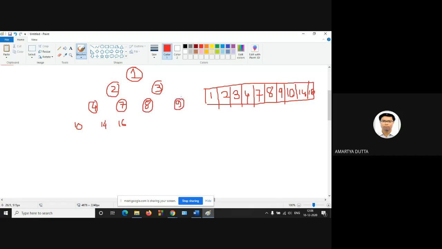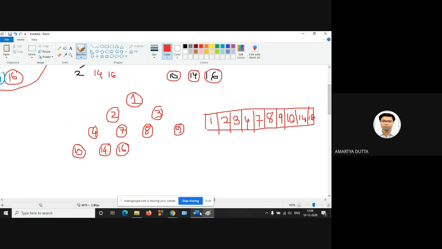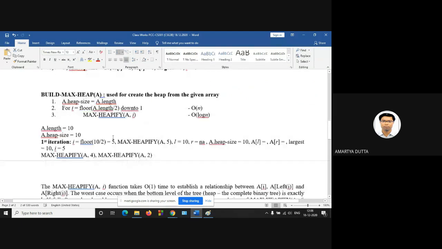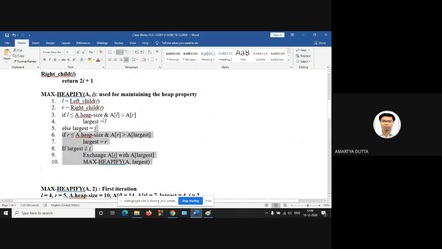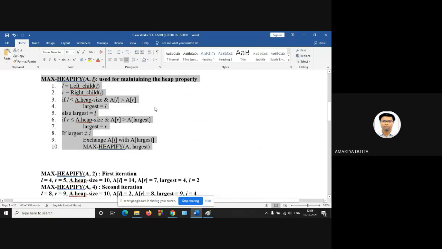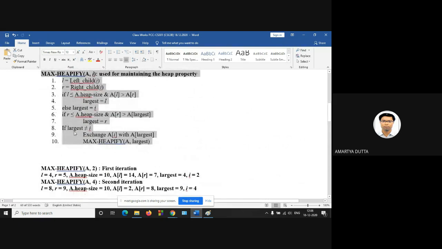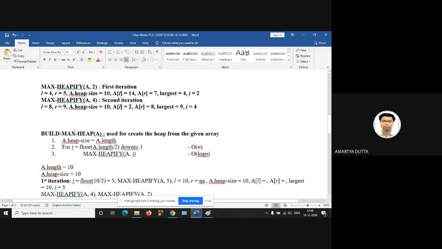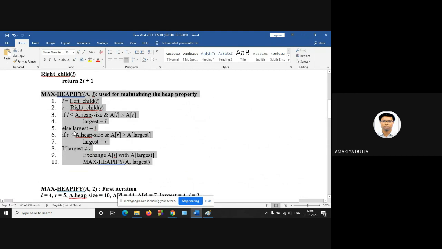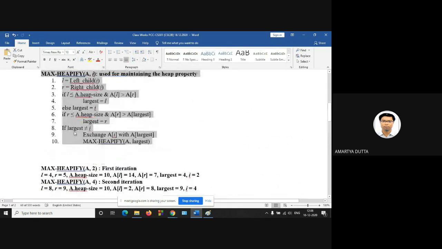First of all, you have to write down about the max-heapify function. Next, build max-heap. So this is the max-heapify function. It is used for maintaining the heap property, and its complexity is order of lg n.